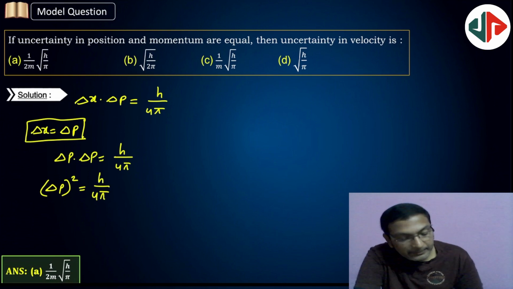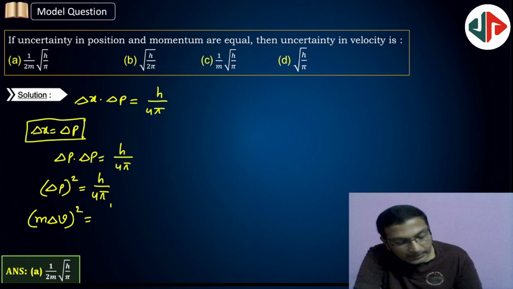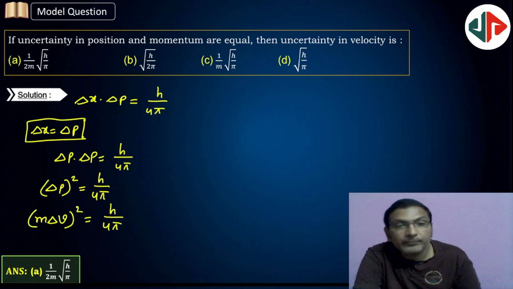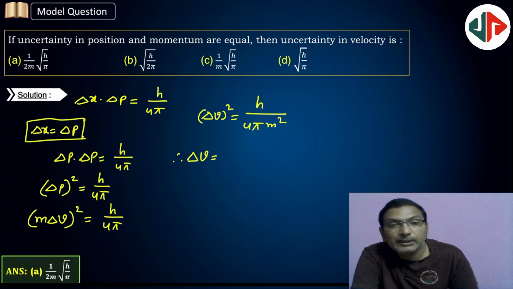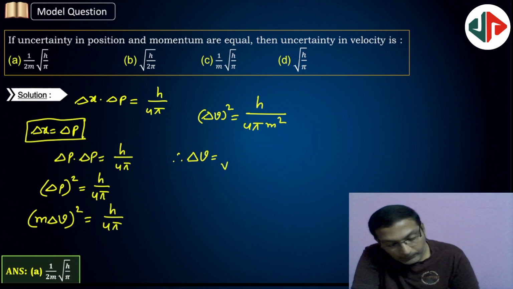So delta p, we know, momentum is mass into velocity, so m delta v whole square equals h by 4 pi. From this, delta v square equals h by 4 pi m square. From this, uncertainty in velocity equals root over this value, h by 4 pi m square.